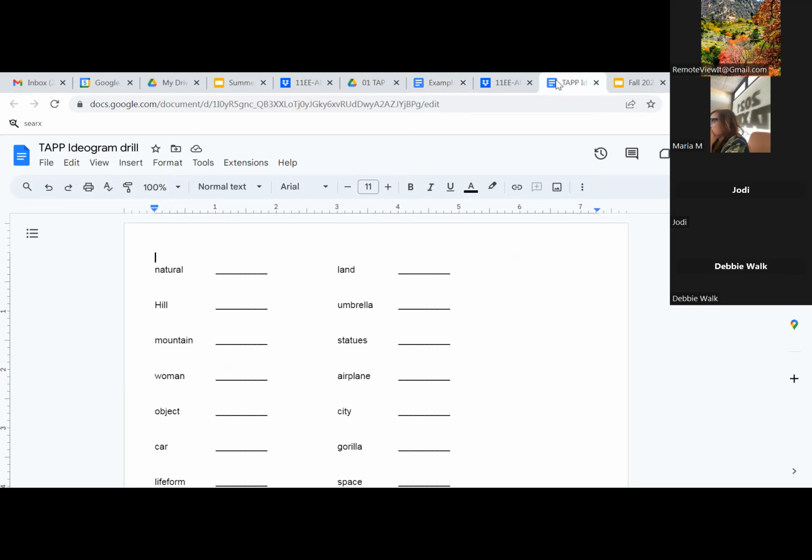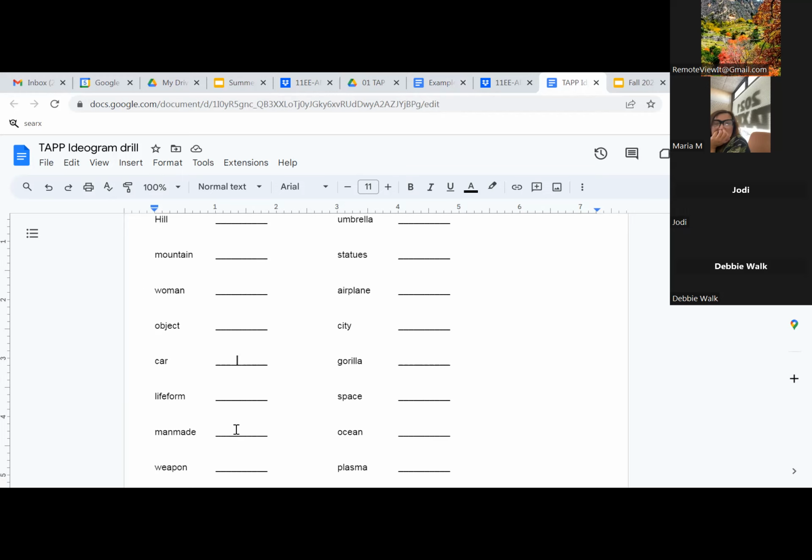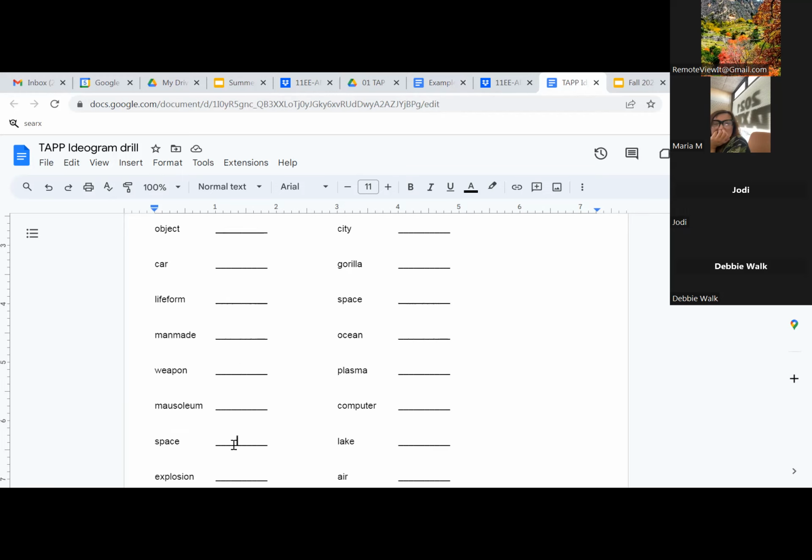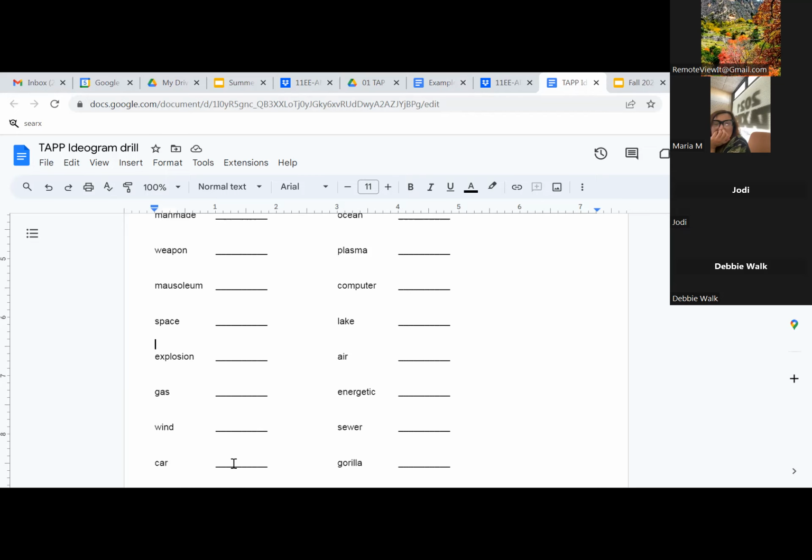This is our ideogram drill sheet. So I'm going to send you one of these each time, and we're just going to go through this. Probably for a blank page, I'm going to count the number of lines I want you to draw, and we'll do 1, 2, 3, 4, 5, 6, 7, 8, 9, 10, 11, 12.